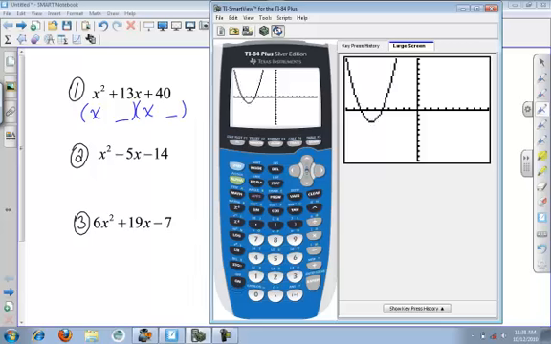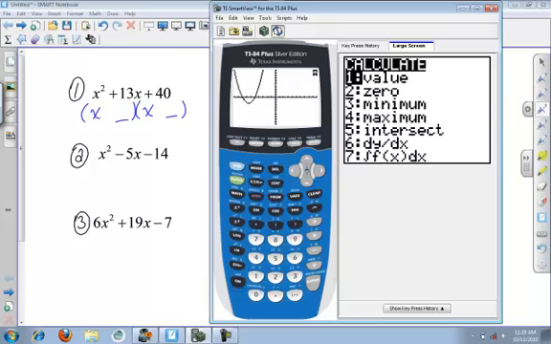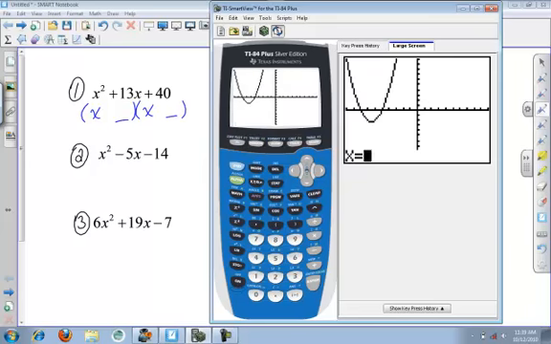What we're interested in is where this graph crosses the x-axis. I can see that it looks like it's happening at about negative 5 and negative 8. Now if I want to double check that, I'm going to go to second, calculate, and calculate a value when x is negative 5, just to verify that we do have a y value of 0 there.